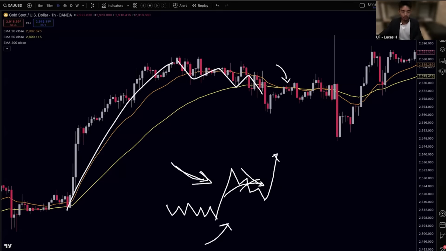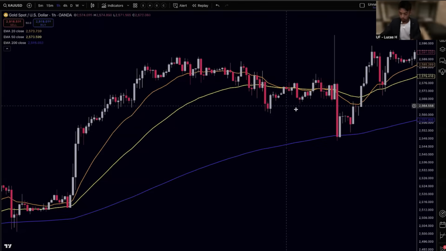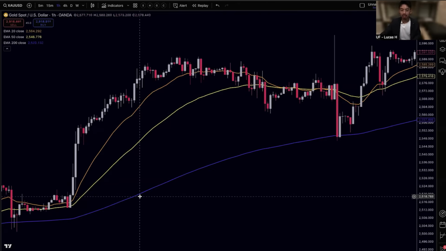If I put on the 200 MA, which is this one, you would see that even though in the short term things are moving towards the downside, the bigger trajectory here is still going up, which means you don't want to get too comfortable thinking, okay, a reversal has happened, let's look for a sell.